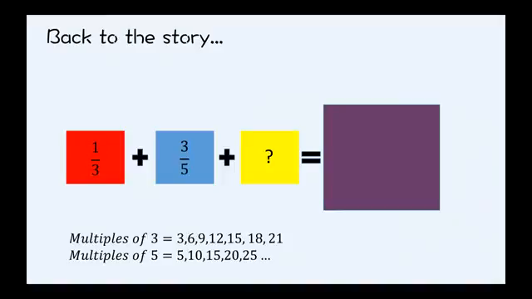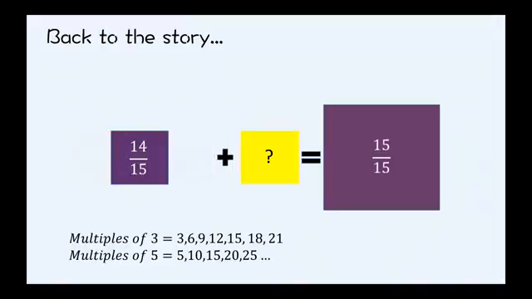We can see that 15 is the lowest common multiple. So we can write 1/3 as simply 5/15, and we can write 3/5 as 9/15. Now, that blue and red, we can add them together because now they have common denominators, like so. 9 and 5 is 14, 14 fifteenths.